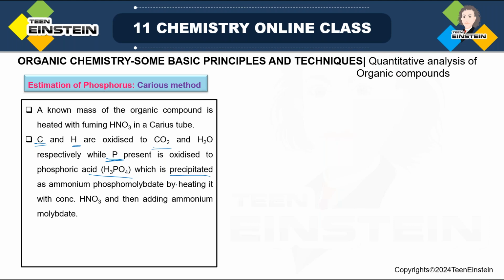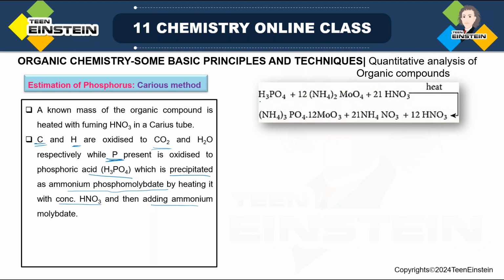How? This is precipitated as ammonium phosphomolybdate by heating with concentrated HNO3 and then adding ammonium molybdate. So this is the reaction. You have H3PO4, which you have obtained after heating with fuming HNO3. Then you are adding to it ammonium molybdate, (NH4)2MoO4, in presence of HNO3.